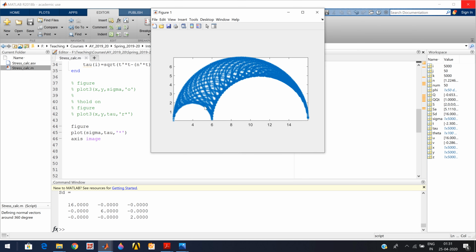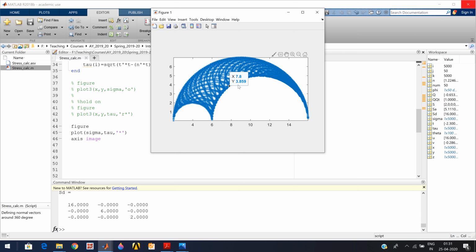Yeah, now you can see what I have got. I have got 3 semicircles here, 2 smaller ones and 1 bigger one, and each point of sigma and tau lies outside the 2 smaller semicircles and inside the larger semicircle.